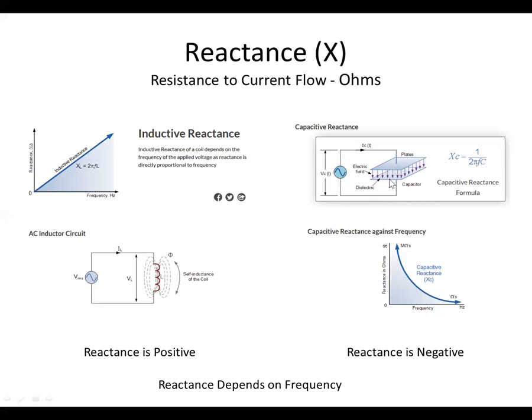With a 10 megahertz signal, it'll do that 10 million times in a second, and you'll have very low reactance, very low resistance to the current flow. So if you notice, in the inductor, as the frequency increases, the reactance increases, and in the capacitor, as the frequency increases, the reactance decreases.